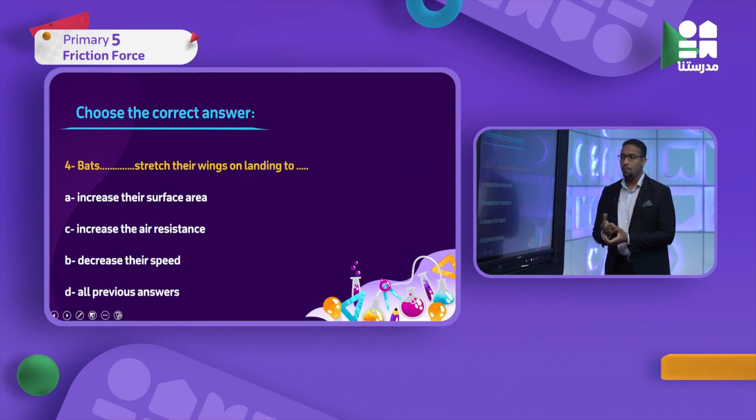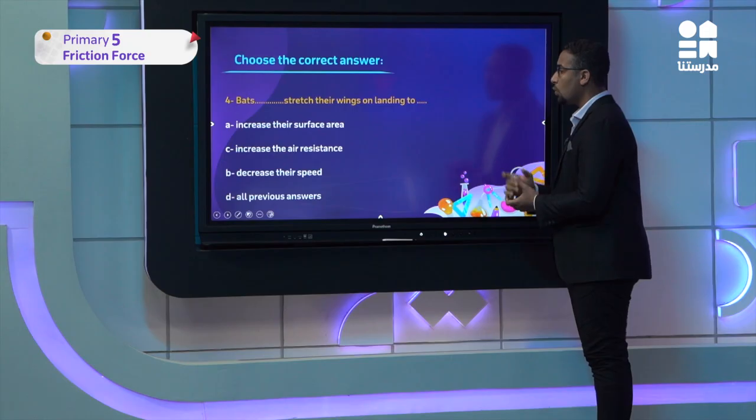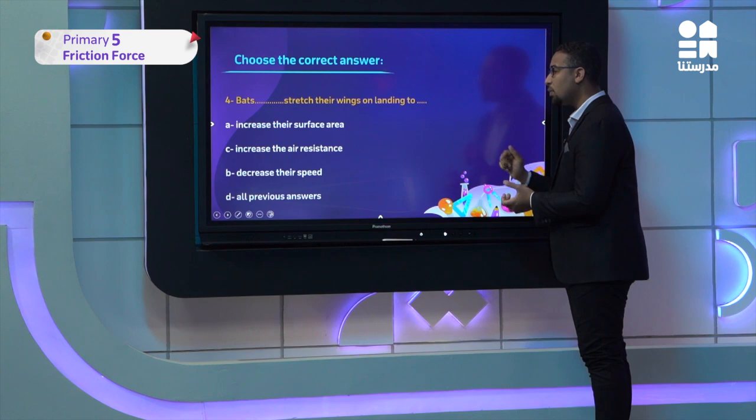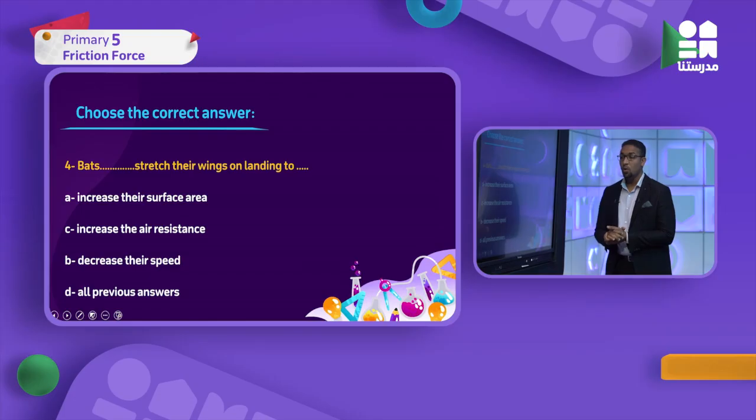Number 4. Bats stretch their wings on landing to. So why do bats stretch their wings on landing? A, increase their surface area, B, increase their air resistance, C, decrease the speed, or all the previous.